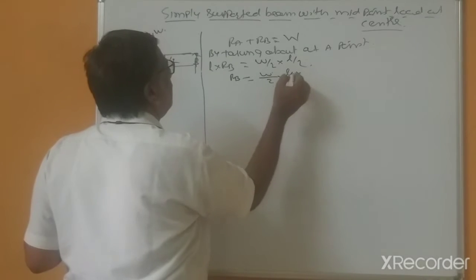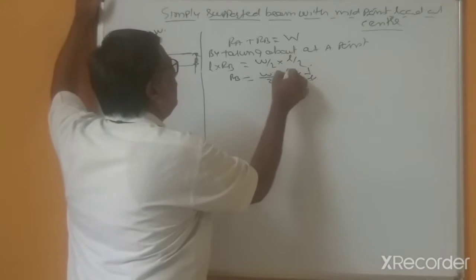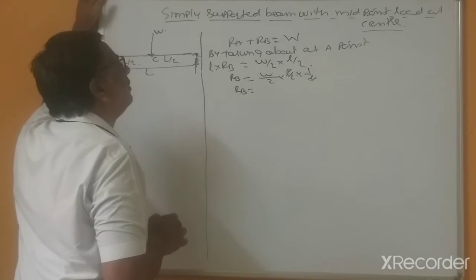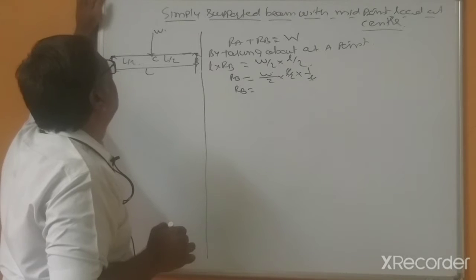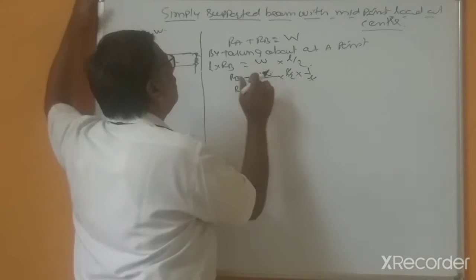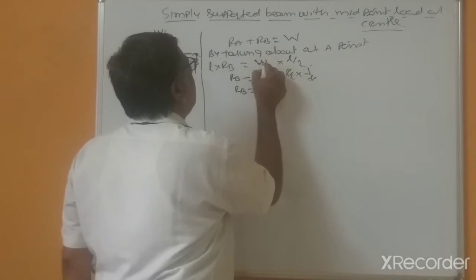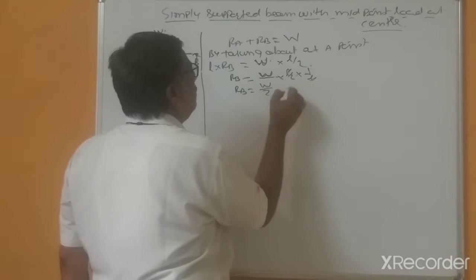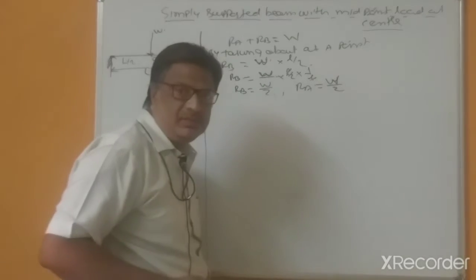Actually, this load is capital W, and this is W by 2. So RA equals W by 2.